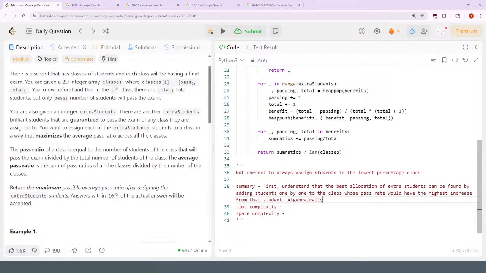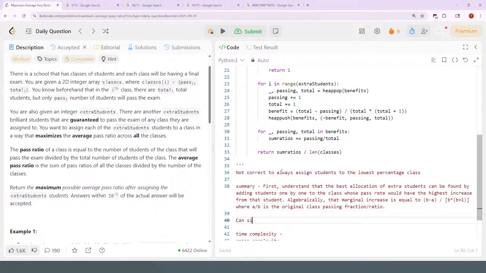Algebraically, that marginal increase is equal to b minus a divided by b times b plus 1, where a over b is the original class passing fraction ratio.